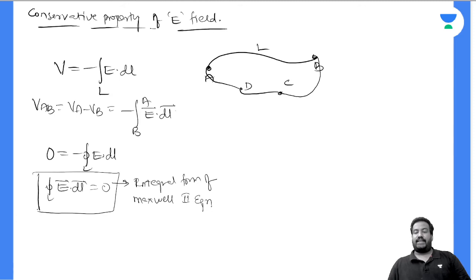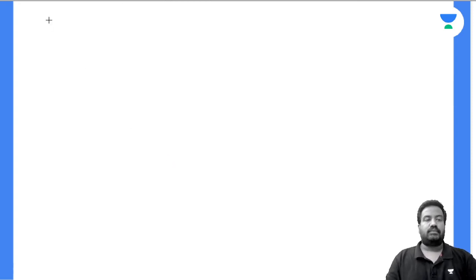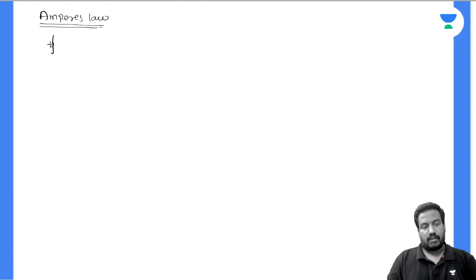Now, next is Ampere's law. According to statement of Ampere's law, circulation of magnetic field intensity, closed loop integral of H dot dl, is equal to the current enclosed by the loop.